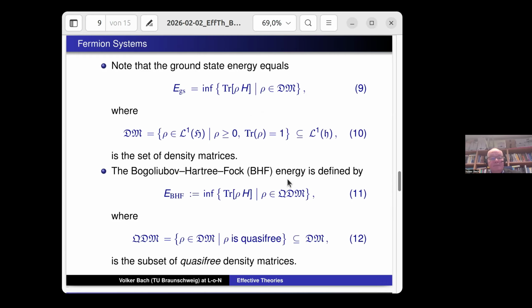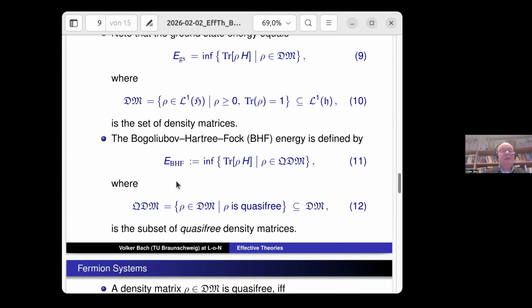It's defined simply as the ground state energy in 9, except that we restrict the variation from varying over all density matrices to only varying over quasi-free density matrices.